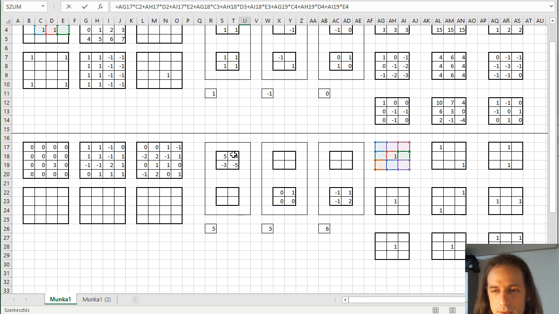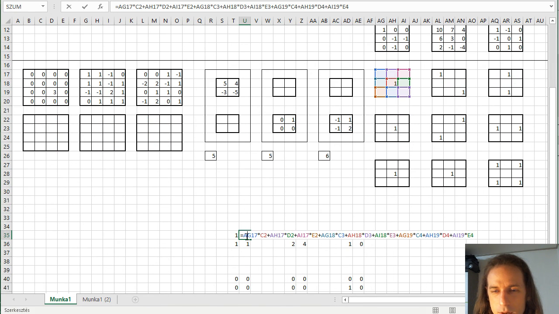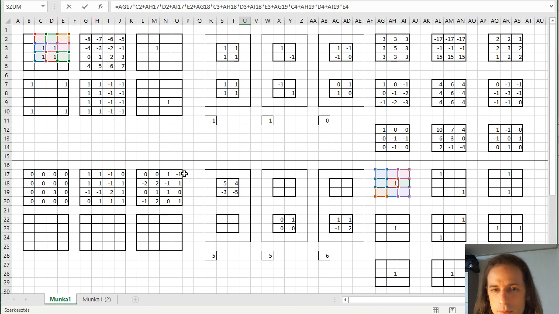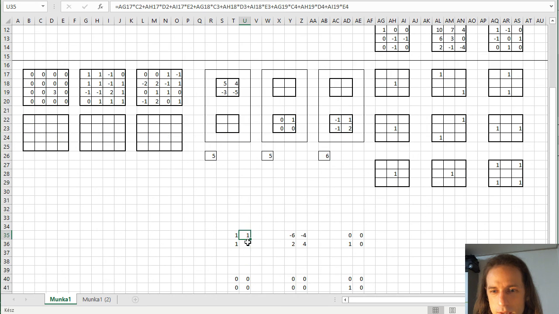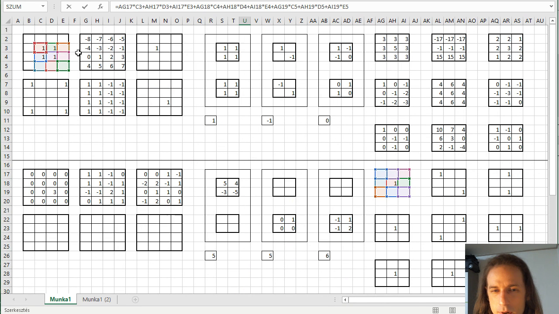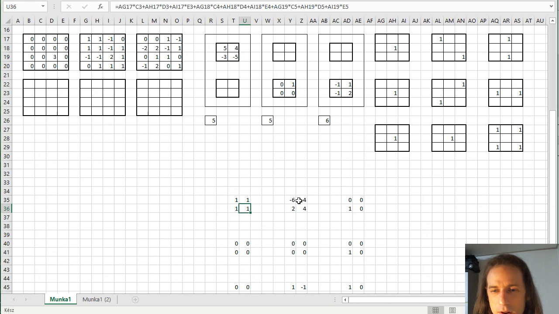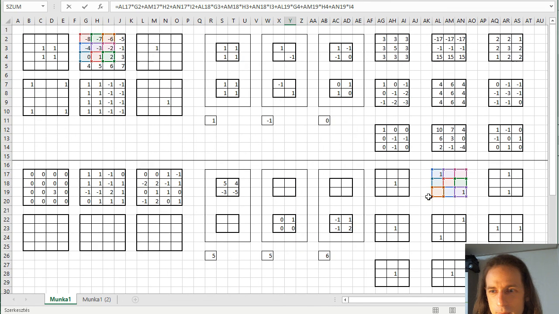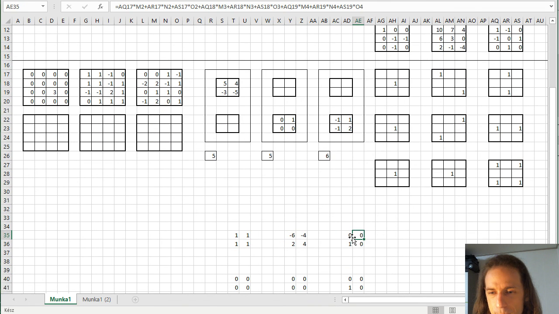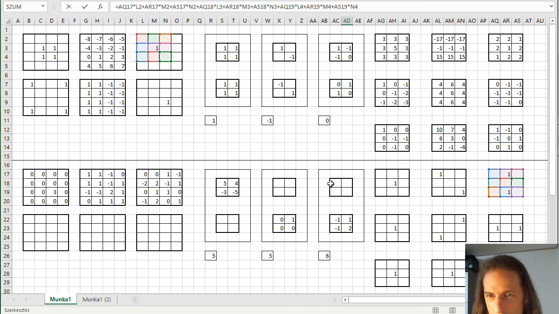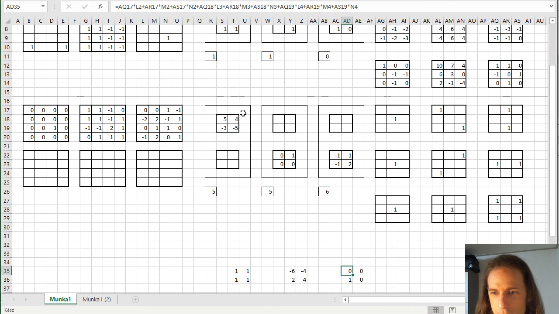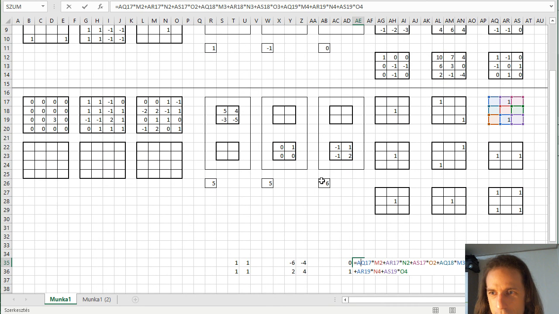So this one is going to be coming from this element in the kernel. So it used all these parts and these parts mixed. This one uses all these parts and all this. And if I did the same for all the three elements, we can just look at this one, for example.